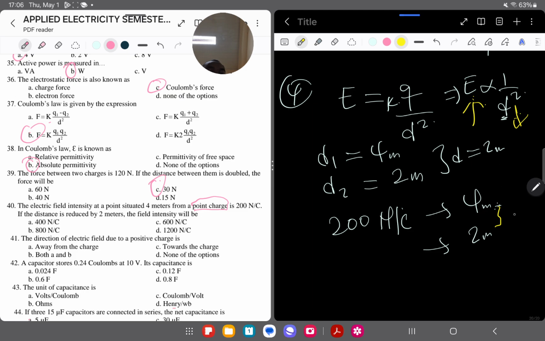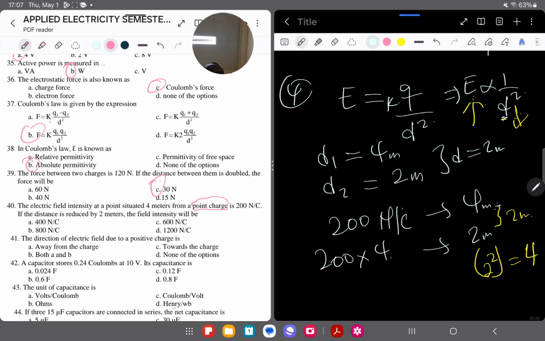So I can take that difference, which is 2 meters. And then again, we make use of this because here is d squared. I can square the 2, so that we get 4, right? Now since the electric field intensity is going to increase because I'm reducing the distance, I'll just multiply 200 by 4, since it is going to be increased.